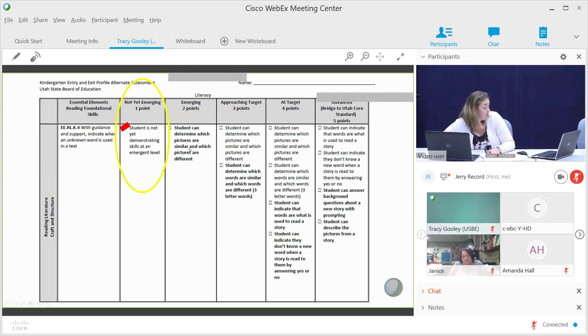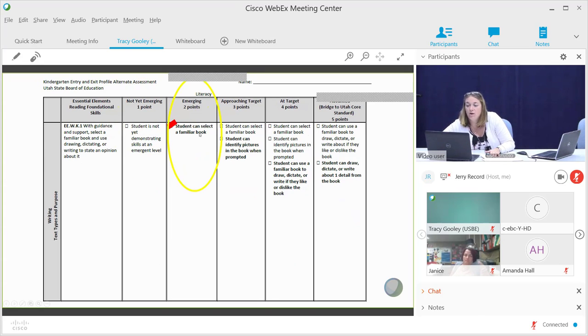So student was not able to do that yet, so that would put them back here at not yet emerging. And right here, okay, so student can select a familiar book, but they cannot yet identify the pictures in the book when prompted. So that would put them back here at emerging.